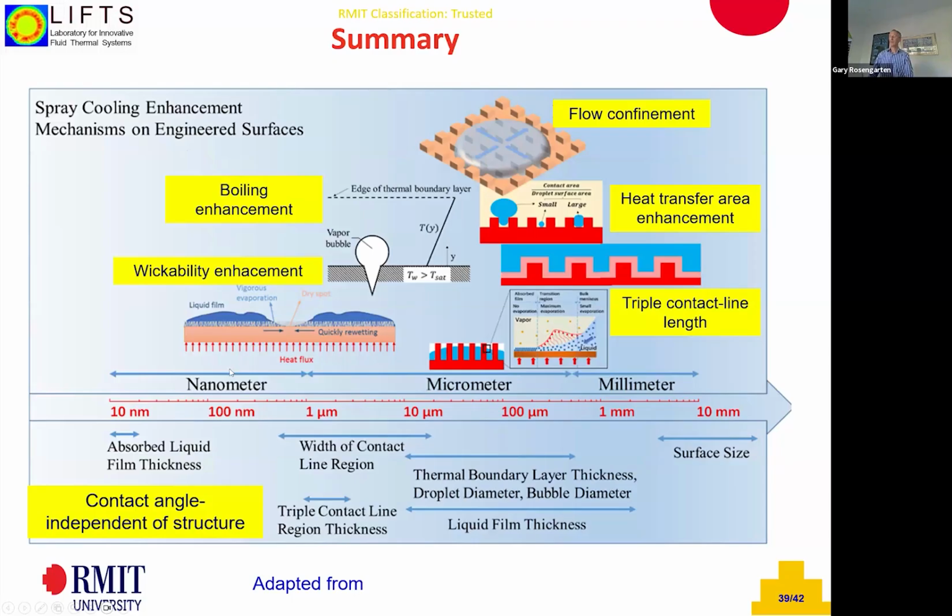It gives you the major physics associated with structuring or tailoring the surface at different scales: boiling enhancement, by letting bubble nucleation be more efficient; wickability enhancement, to wick and re-wet the surface after it evaporates; flow confinement, that's what's happening on those different structured surfaces I showed in the silicon; and area enhancement, that's a big one, where you've got a much higher heat transfer area once you structure a surface.